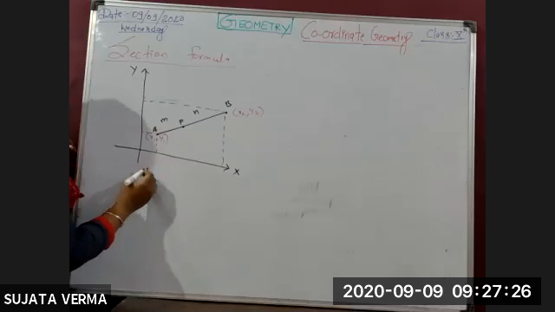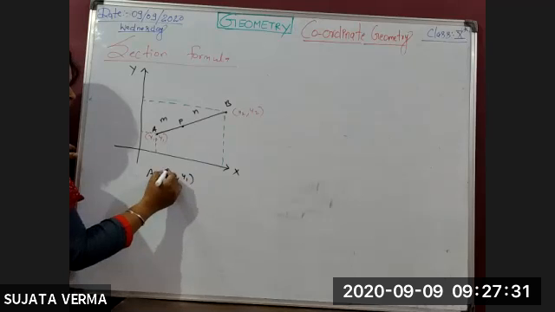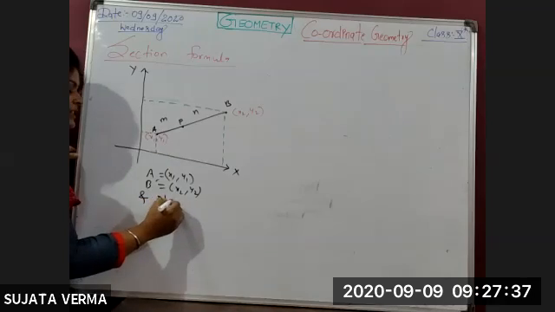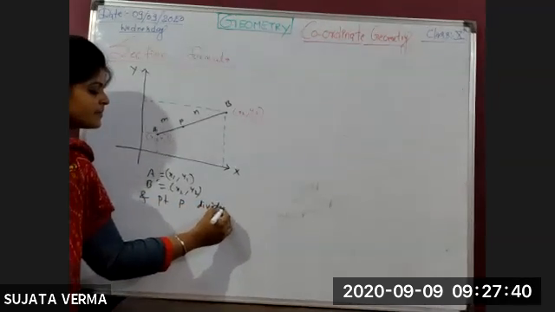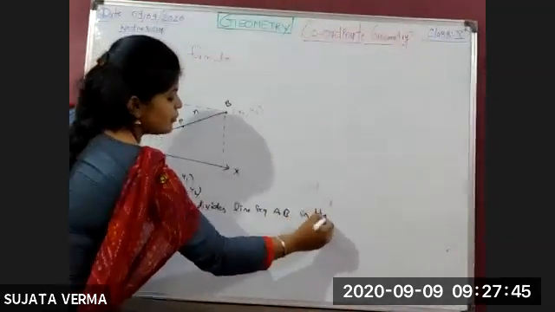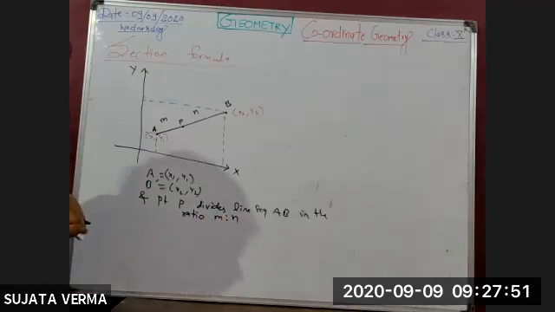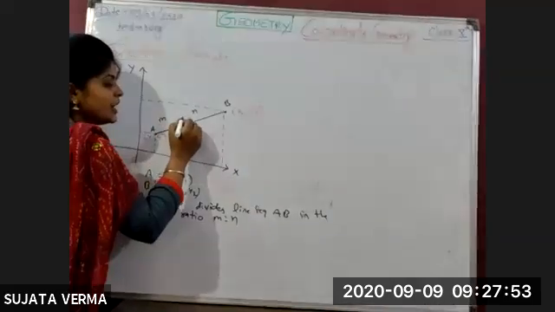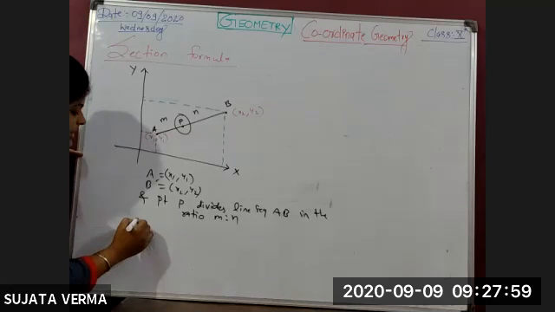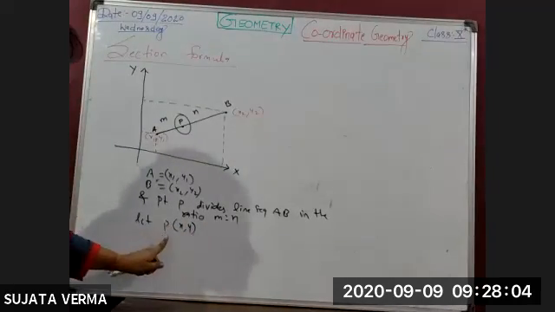So we write A coordinates equal to x1, y1, B coordinates equal to x2, y2, and point P divides line segment AB in the ratio m:n. What we have to find? We have to find the coordinates of P. So let P coordinates be x comma y.